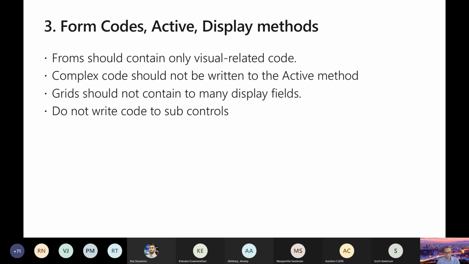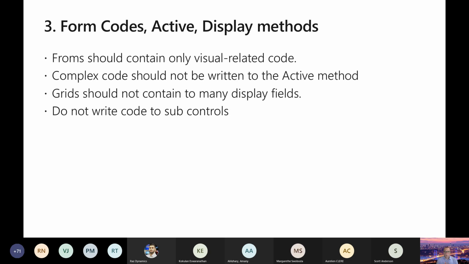It should only contain visual-related code, like making some field visible or enabling some button, etc. It should not contain complex methods or database transactional code, inserting, updating, or selecting. If you write this kind of code in forms, it cannot be used in another object, so it's only used in forms. It's not good for object-oriented logic, so don't put too much code in forms.